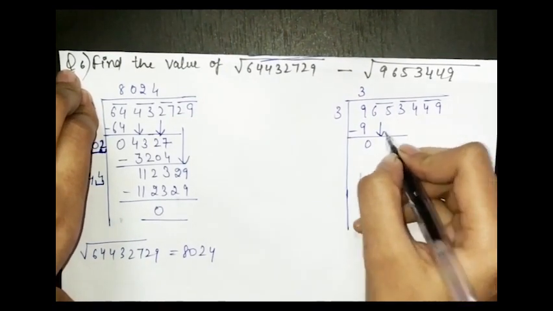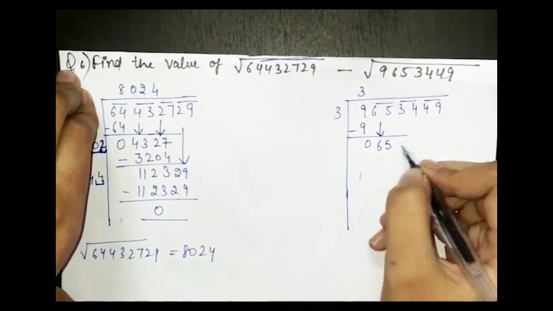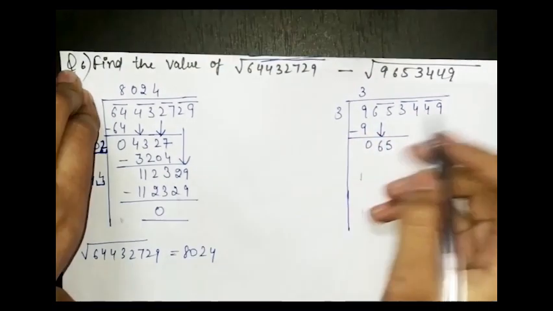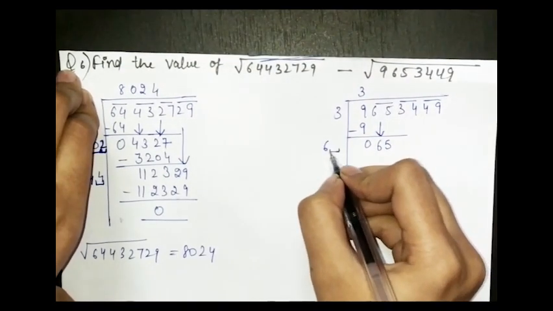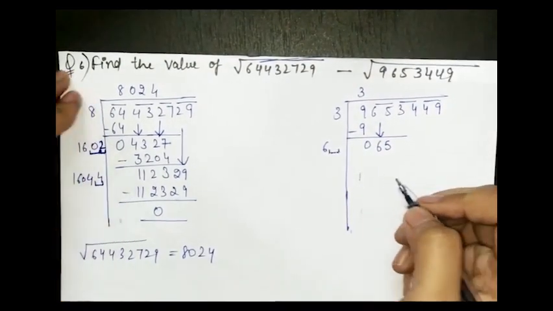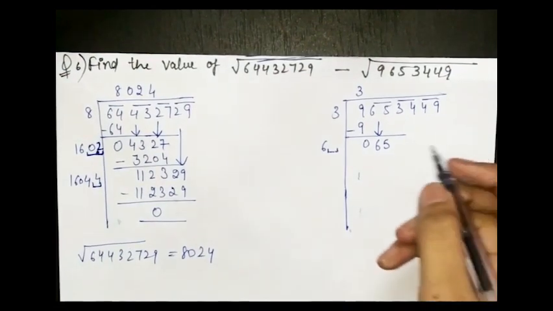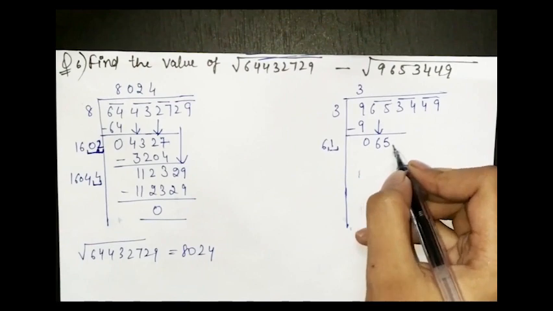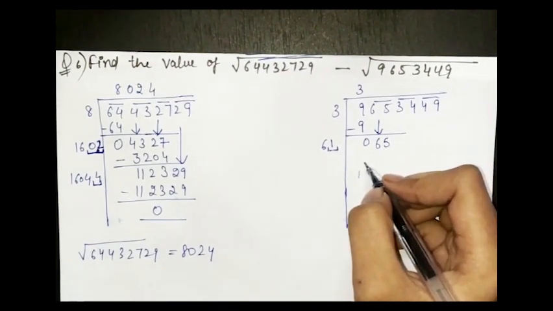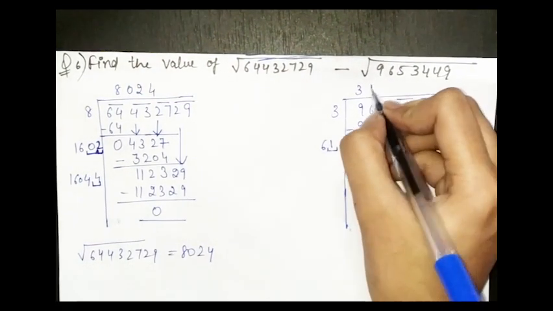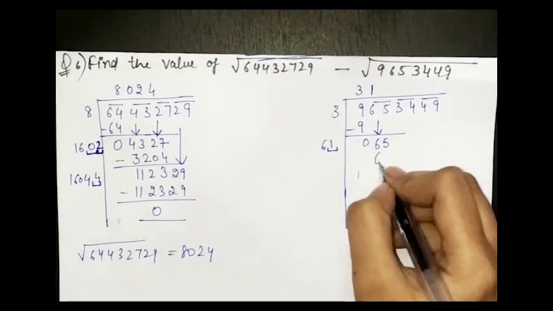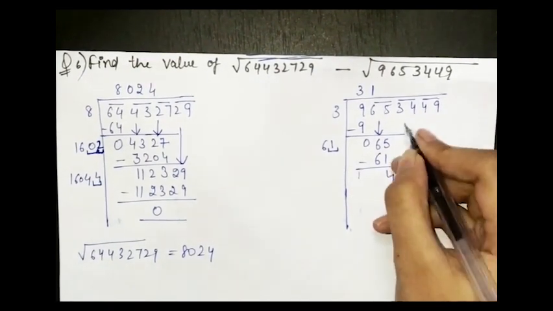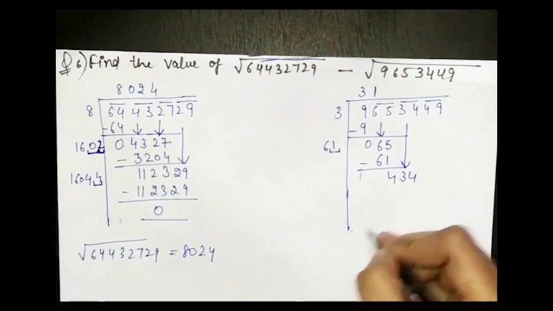Now you write 65 here, and the double of 3 is 6. Here we want one number so that this will be completely divisible. It is very visible that we write 1 only, that is 61, smaller than 65. So 61, here we also write 1, and 434 will be the next number coming.